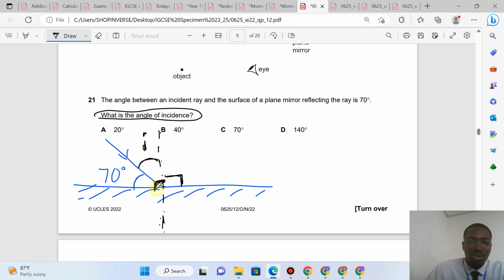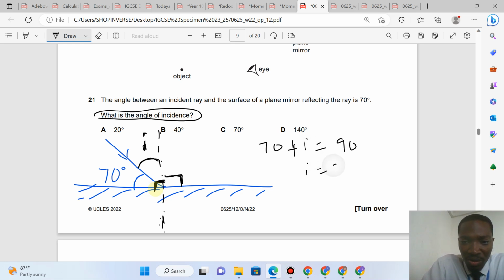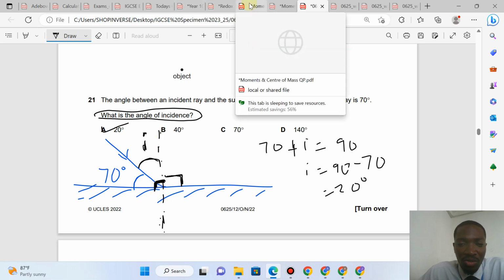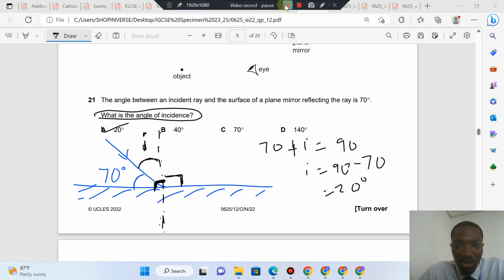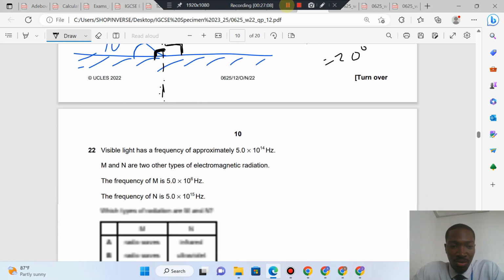So 70 plus I should give us 90 degrees. Your I must be equal to 90 minus 70, which gives us 20 degrees, and that is the angle of incidence. A is the correct answer to question 21. Let's move to the next one, question 22.